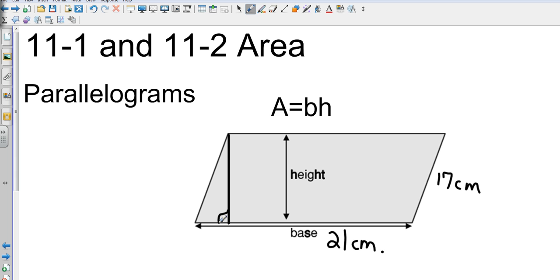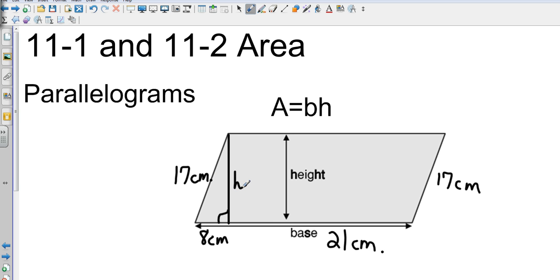And let's say that I give you this as 8 centimeters. Okay. So I know this is 17. So I need to find the height, which we'll just let represent h.